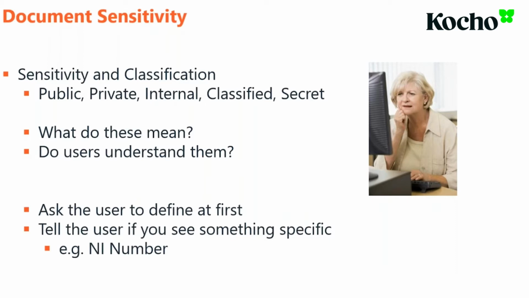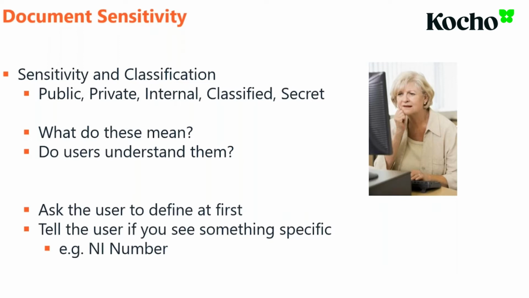But it could be a policy document which is published to everybody in an organization that says, when you put a national insurance number into a document, well, that document isn't a national insurance number type document. It's not personally identifiable information, but it will probably trigger a rule that says it should be. So making sure the user has that ability to say, actually, I know what this is, and apply it makes a huge amount of sense.